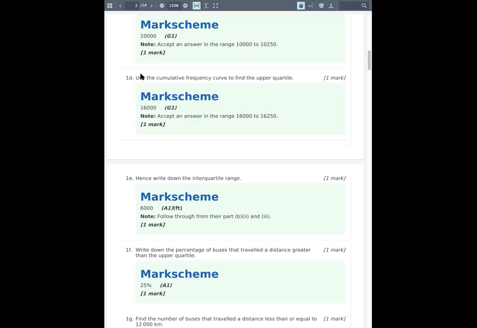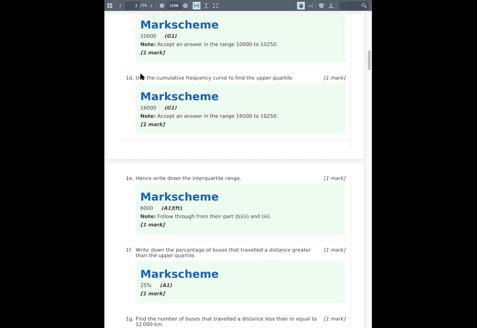Let's say, for example, they asked you for the percentage of buses that travel a distance greater than the lower quartile. Then it would be 75%, because it would be 100 minus 25. Since it's just one mark, you would just write down the answer 25%. But if you wanted to show your work, you could do 100 minus 75 equals 25.